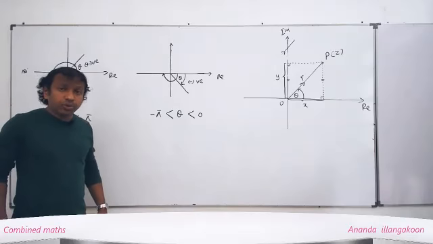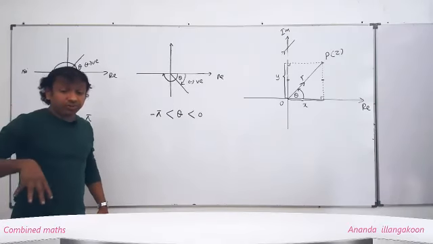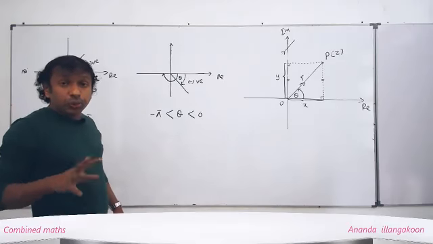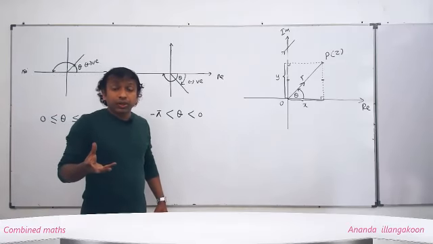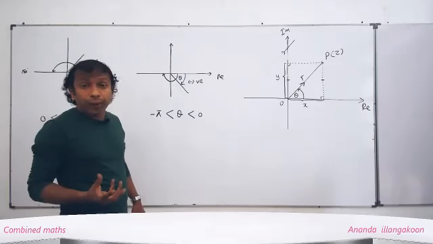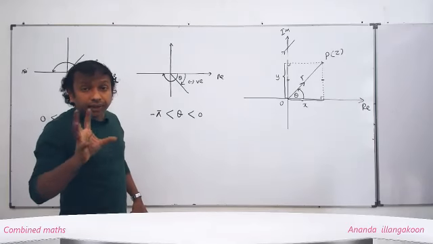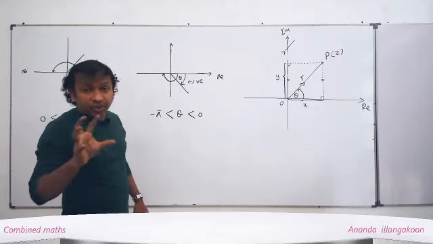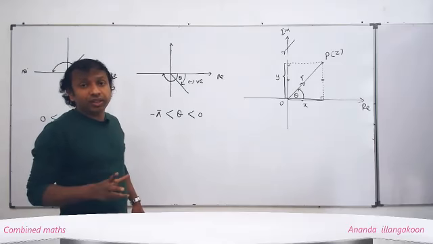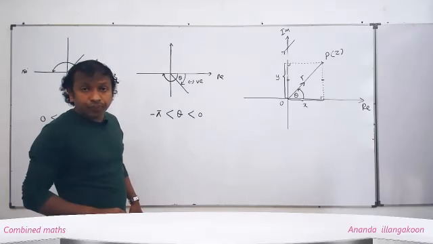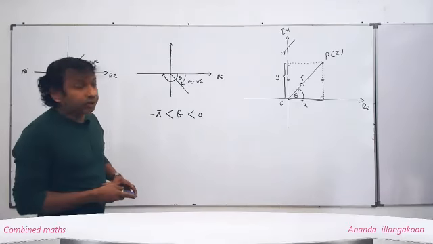Understand? Usually, at the examination, some questions ask people to express a given complex number in polar form, including the angle, that means argument, in the principal range. Therefore, definitely, we have to put it into polar form with the argument.